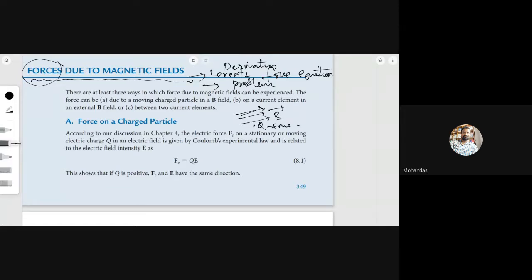And in the magnetic field B, if there is a conductor, what is the force on this conductor? And if there are two conductors, what is the magnetic force between the two conductors? So these are the three forces which we are going to discuss in this class, right?